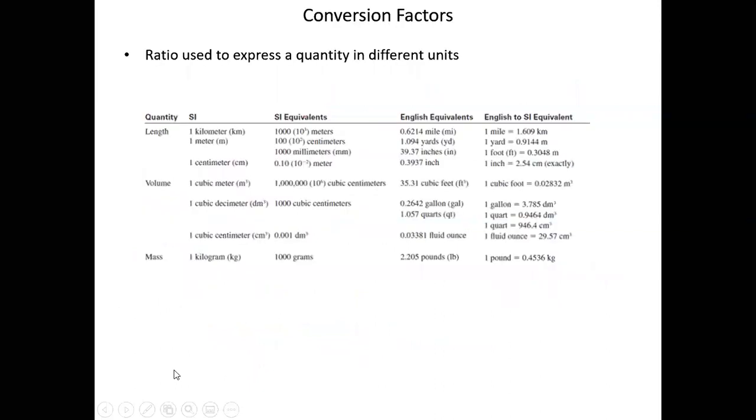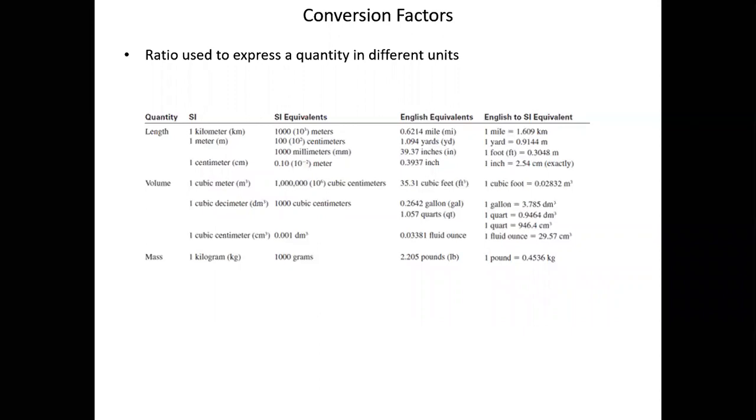And so now when we start looking at converting between metric and the English system, we need to have conversion factors to link the two systems together. And so it's very important that for each quantity, you at least remember one metric to English conversion factor so you can cross over between the two.